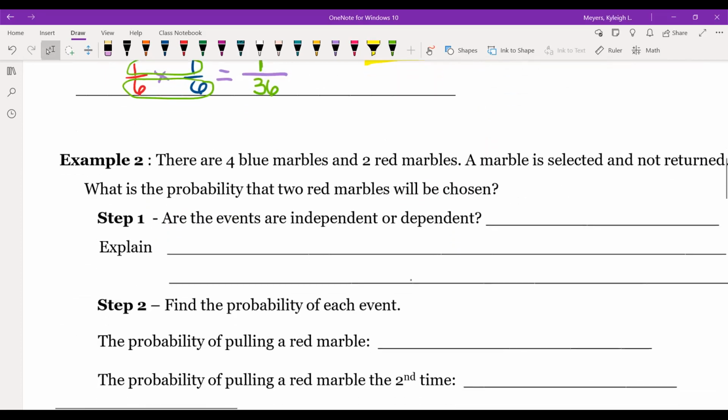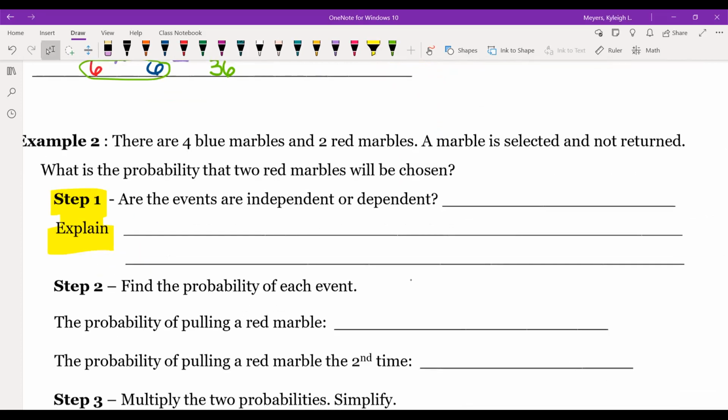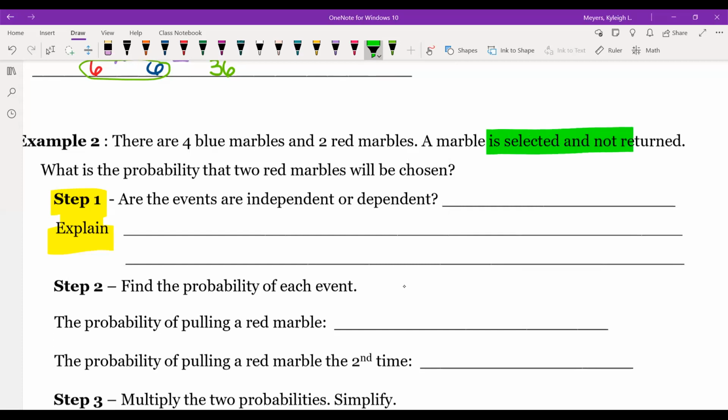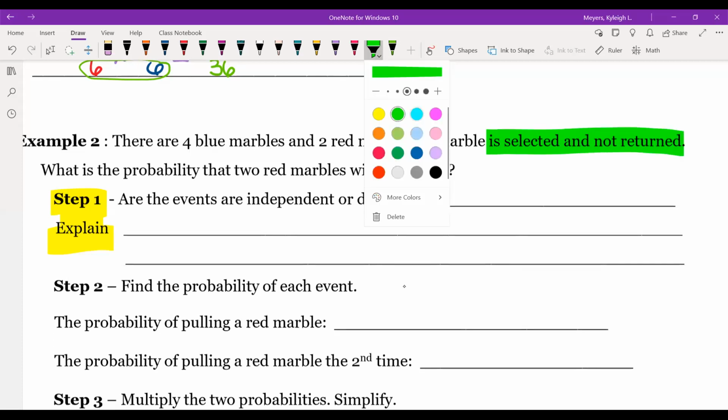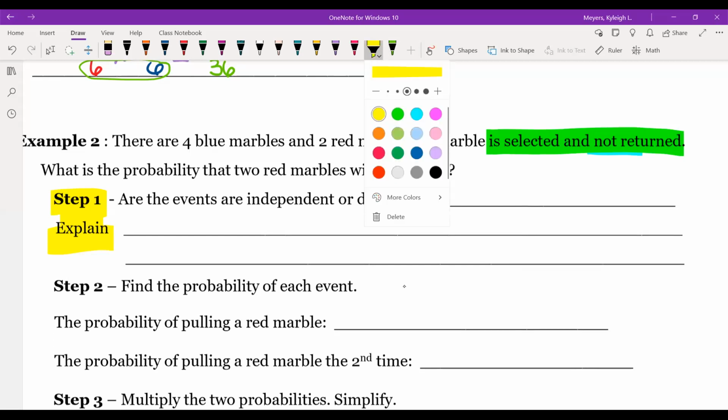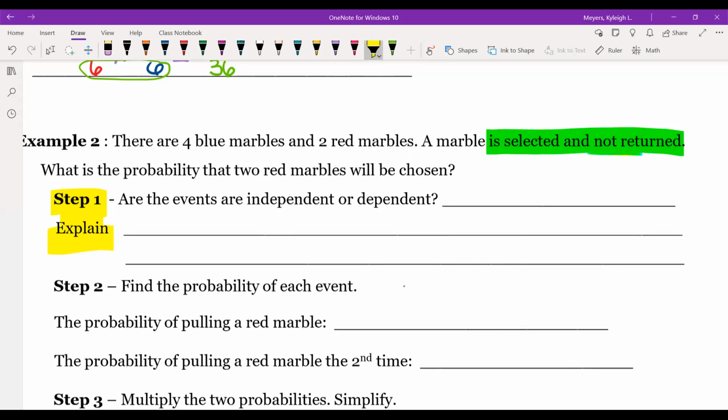I want you to read number 2 and do step 1. Figure out if it's independent or dependent, and explain why. All right, so hopefully you paused and read that. Here's the big thing: a marble is selected and not returned. That's the kicker there, the not returned part.